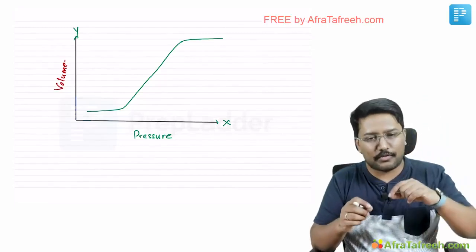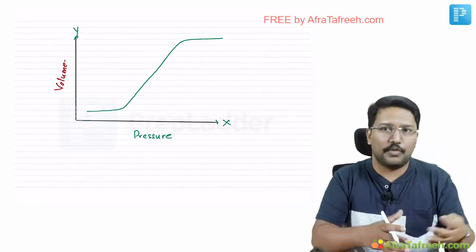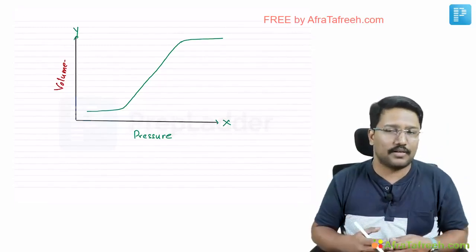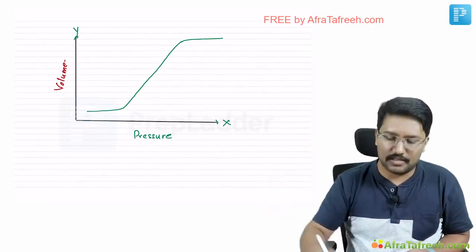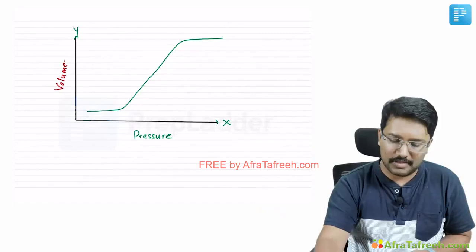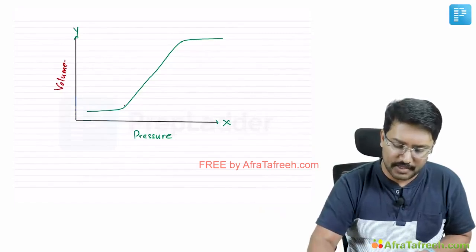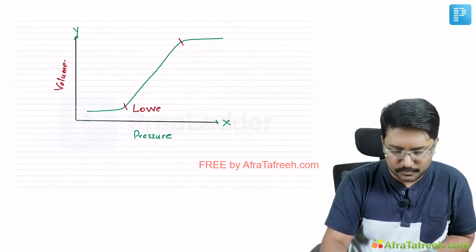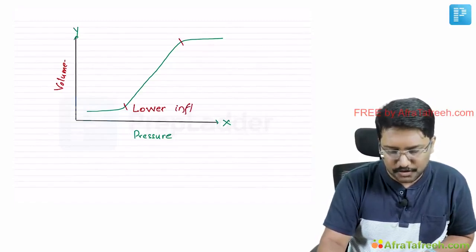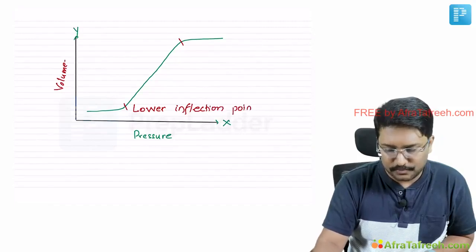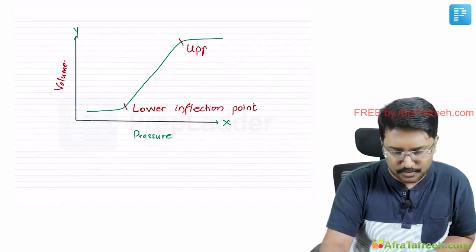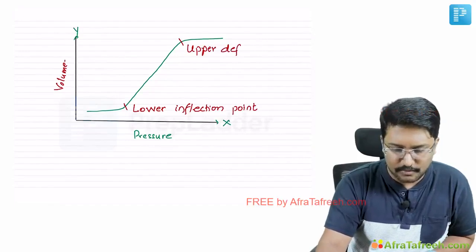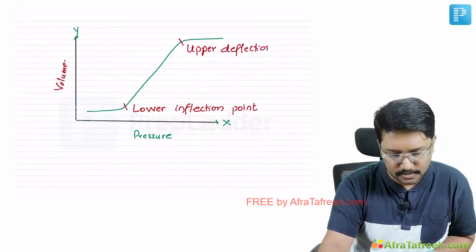For every 1 ml of volume accommodated by the lungs during inspiration, a significant rise in the pressure starts occurring. From this curve, we identify two important points. One is called the lower inflection point and the upper one is called the upper deflection point, right?